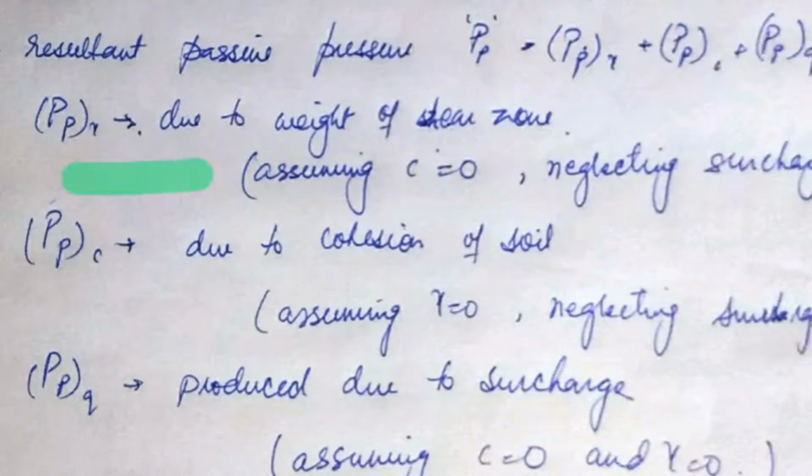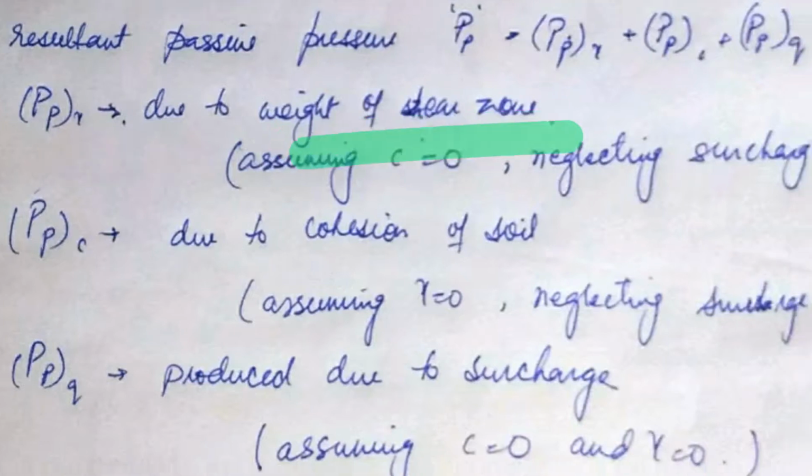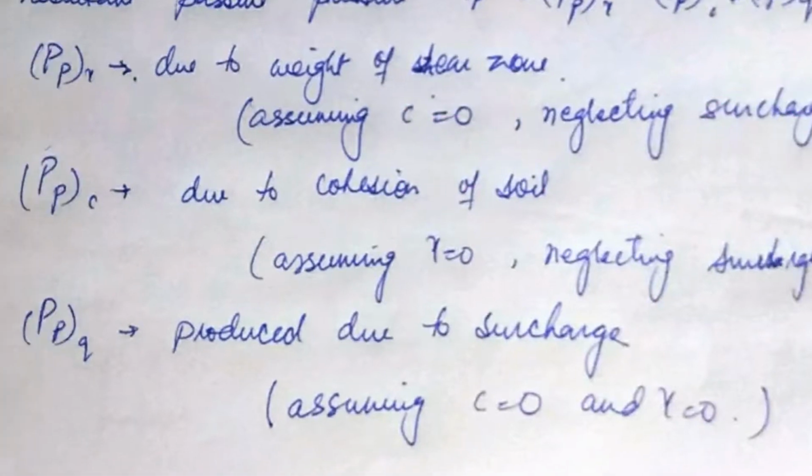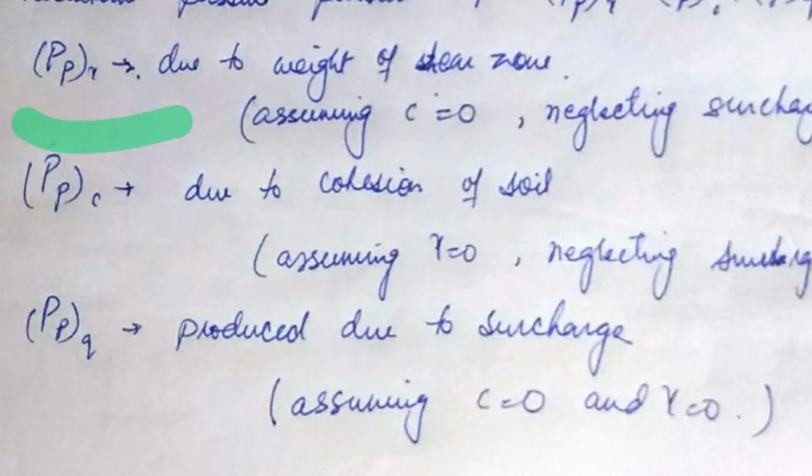And PP gamma is actually the passive pressure due to weight of shear zone, when assuming C is equal to 0 and neglecting the surcharge Q. That means independent of C and Q, just PP gamma is the pressure because of the weight of shear zone.